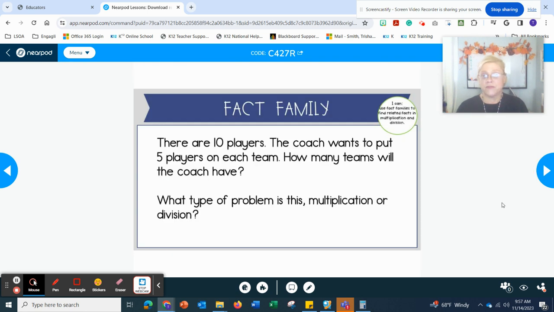So let's work through one. There are 10 players. The coach wants to put 5 players on each team. How many teams will the coach have? What type of problem is this? A multiplication or division? Think about it. There are 10 players. The coach wants to put 5 players on each team.